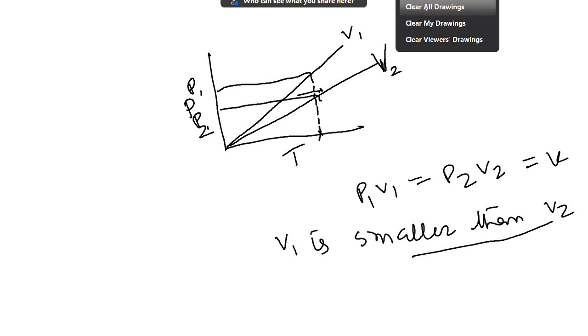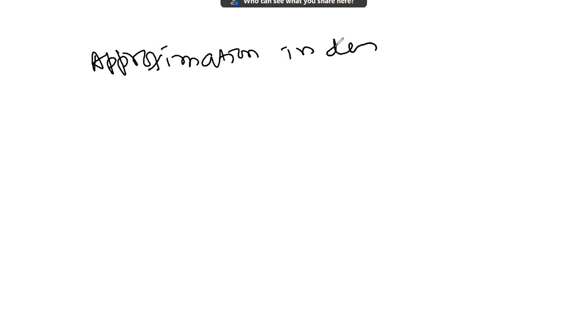Now there are many things to discuss, but this class is mainly for real gas, so let us discuss the case of real gas. In deriving the ideal gas equation, we have taken some approximations.